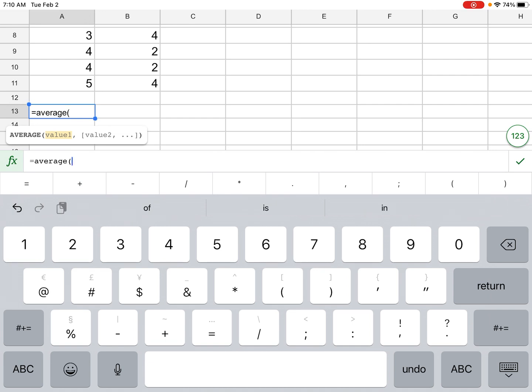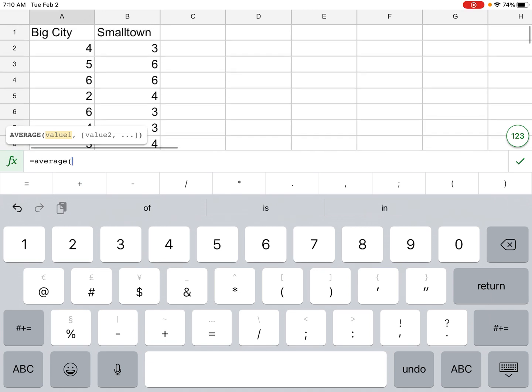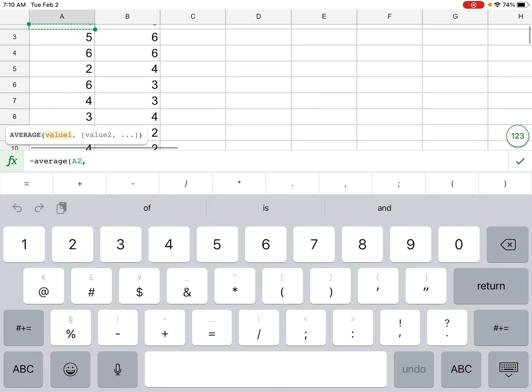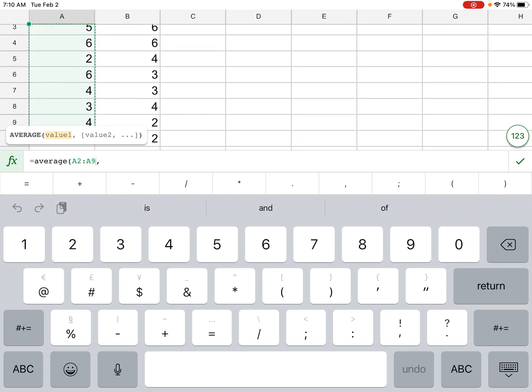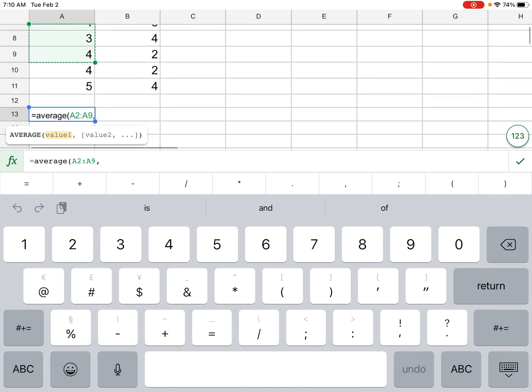Then you're going to select all the values for it. So you find the average, and then end the parentheses. So we get our average to be 4.3.